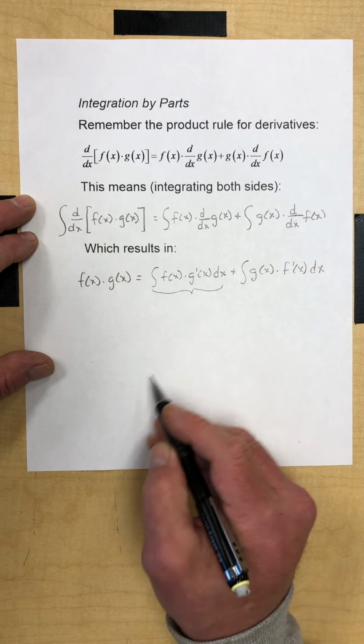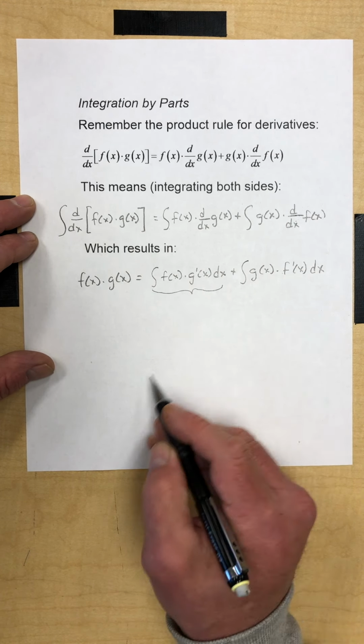I get the integral of f of x times g prime of x dx equals, let's see, notice I would have to bring this one over, so it becomes negative. It would be f of x times g of x minus the integral of g of x times f prime of x dx. And that acts as a formula for integration by parts.